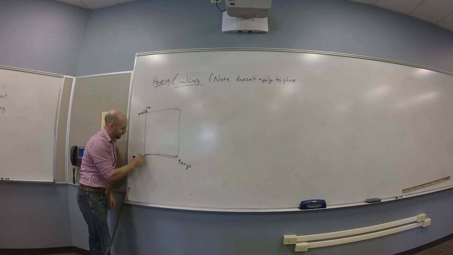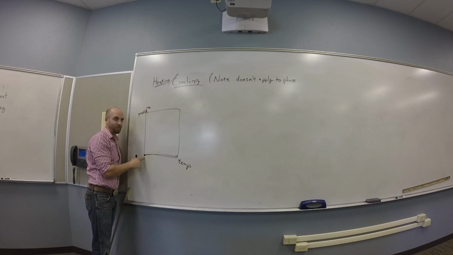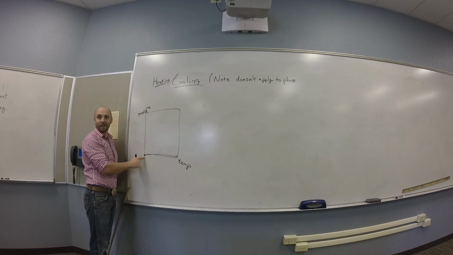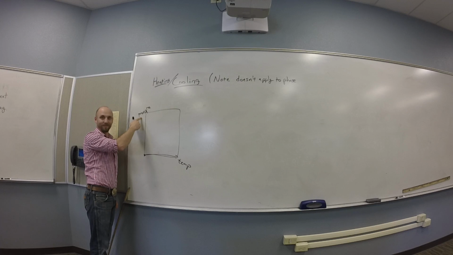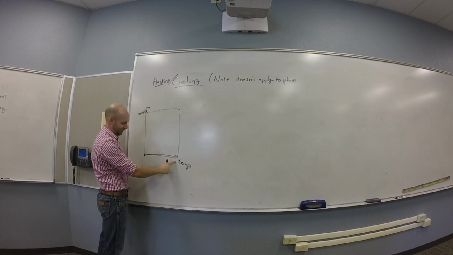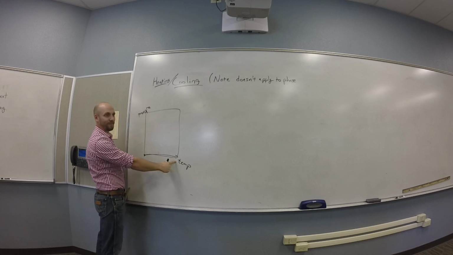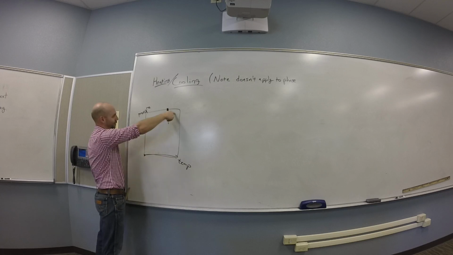So down here would be cold vacuum, right? Absolute zero vacuum. And up here would be cold and not vacuum, right? And over this way would be hot vacuum. And up here would be hot and smashed, right?